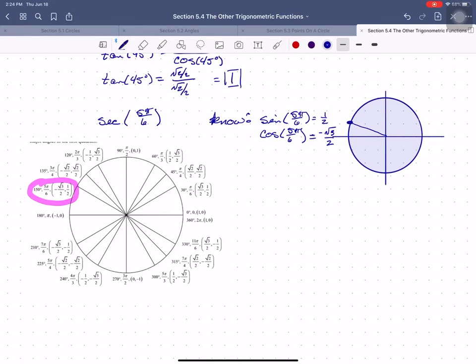Okay, so what good does that do me? Well, remember that secant of 5 pi over 6 is equal to 1 over cosine, which is 1 over negative root 3 over 2, which is negative 2 over square root 3.